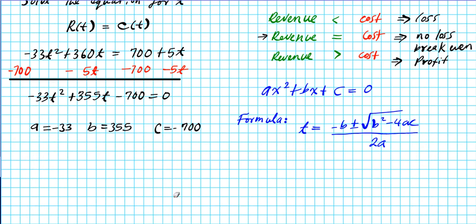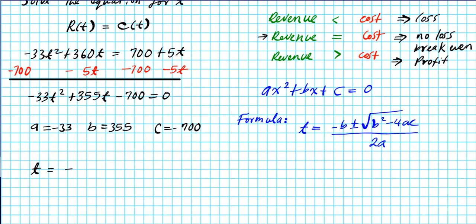Okay, so let's substitute. Now, whenever you're making substitutions into the quadratic formula and one or more terms are negative, you want to proceed with caution, okay? What will enable you to avoid making mistakes? Make use of parentheses whenever you're substituting that negative term.